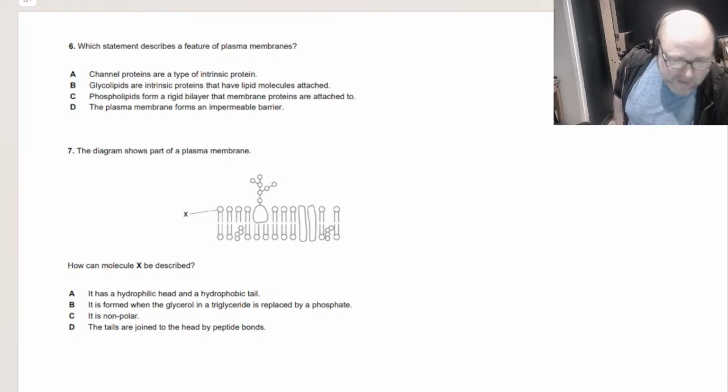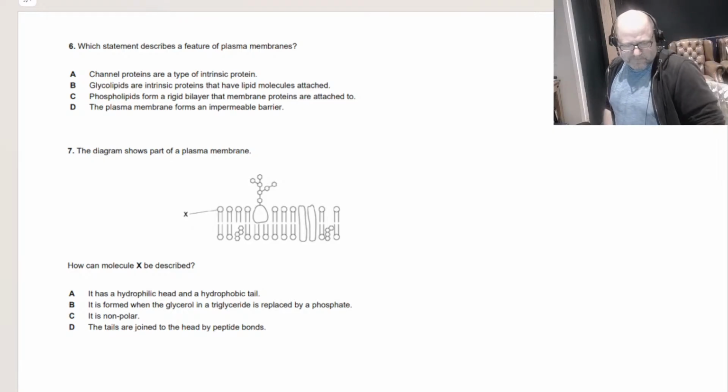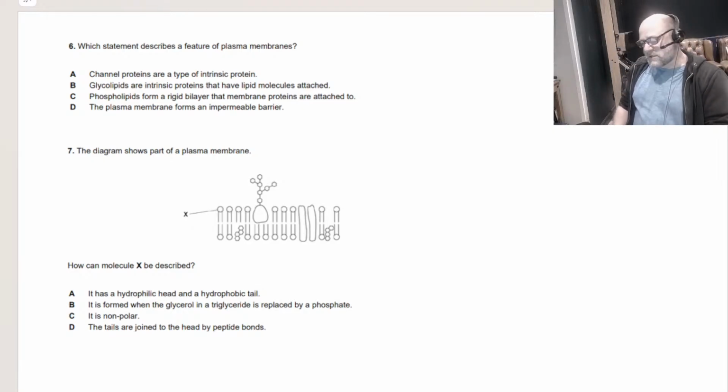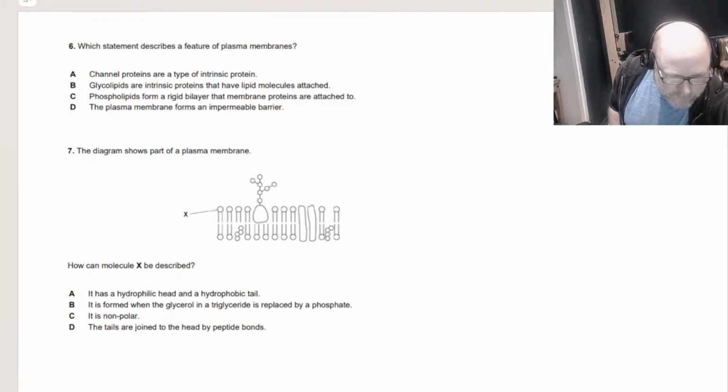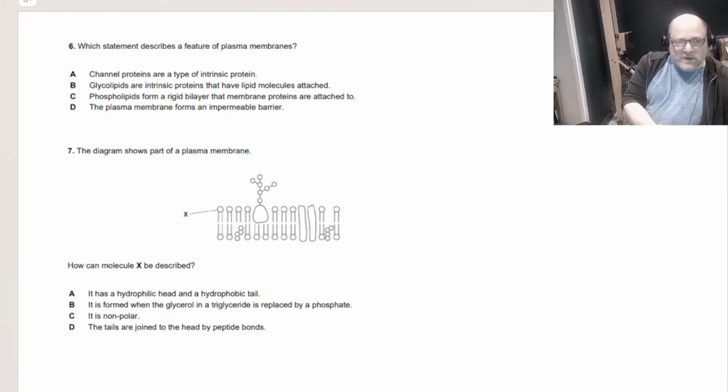No, the plants can receive substances. Plant cells can still receive substances even though they've got a cell wall. See if you can, what 2 answers would you go for here, guys?